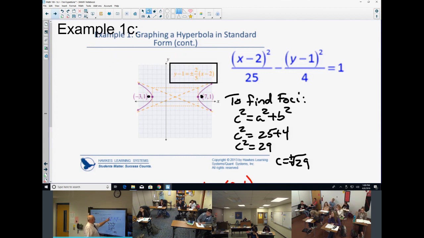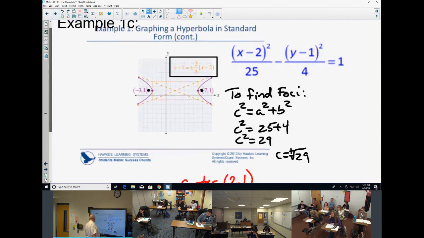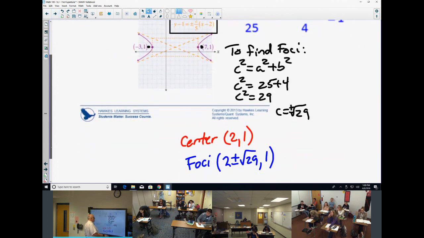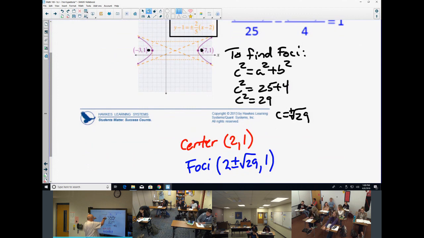So here the center is 2, 1. Since they open sideways, you're going to add and subtract from the x value. So if the center is 2, 1, then the foci are 2 plus or minus the square root of 29, comma 1. All right, any questions on that?